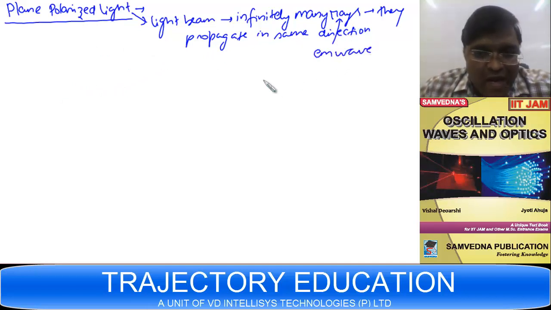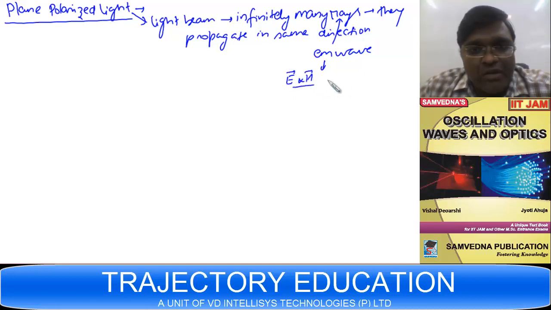Each ray can be seen as an EM wave, and an EM wave is characterized by two fields, E and H. But these fields are not independent of each other. Once you know E, you can get H. Once you know the electric field, you can very well find the magnetic field.